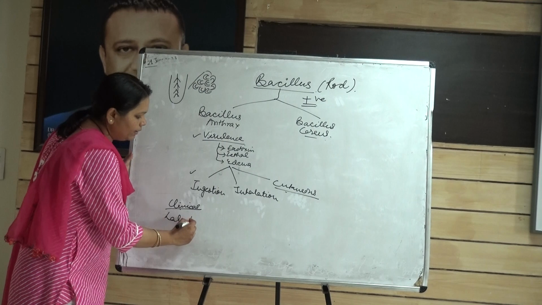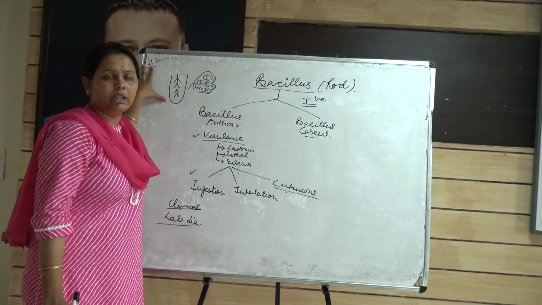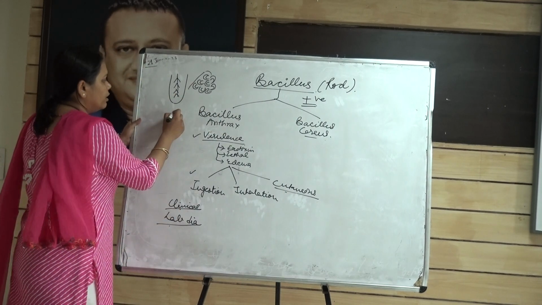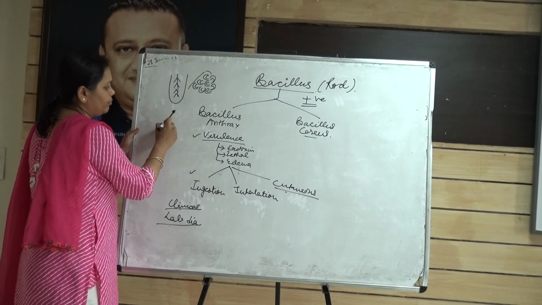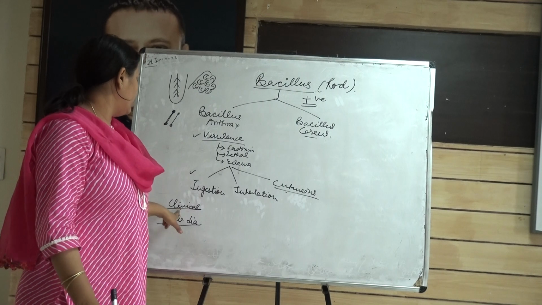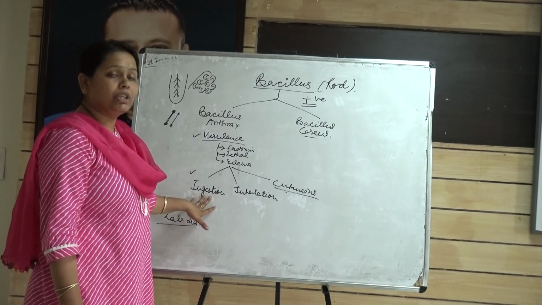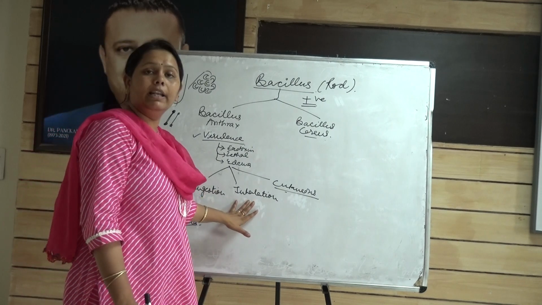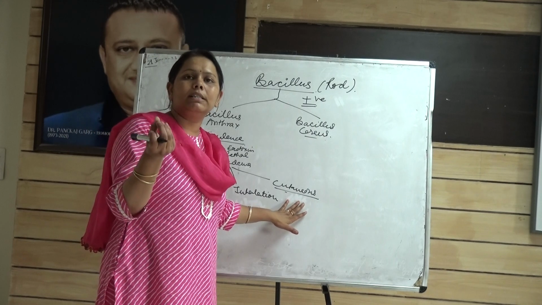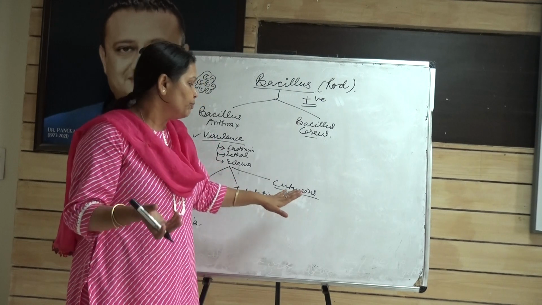Lab diagnosis: as we talked about the culture characteristics and morphology, they are gram-positive rods. In lab diagnosis, first of all, we take the specimen. In ingestion, we take stool. In inhalation, we take sputum, and in cutaneous ulcer, we take the secretions from the ulcer.